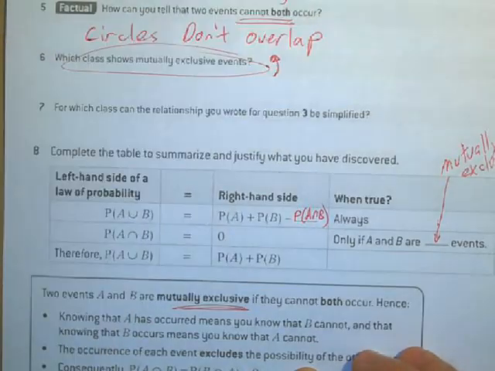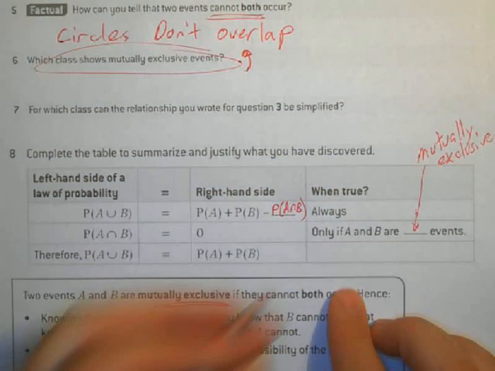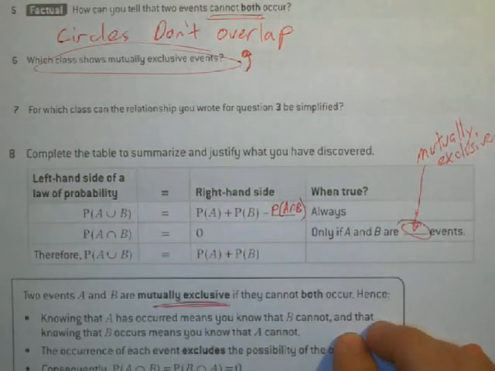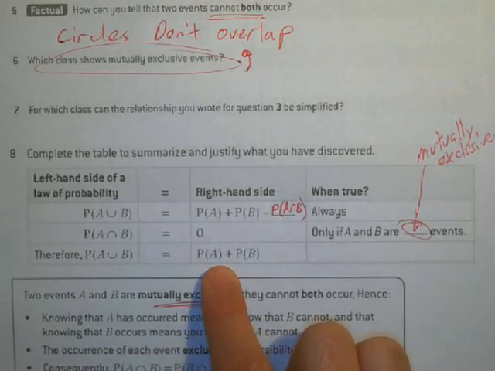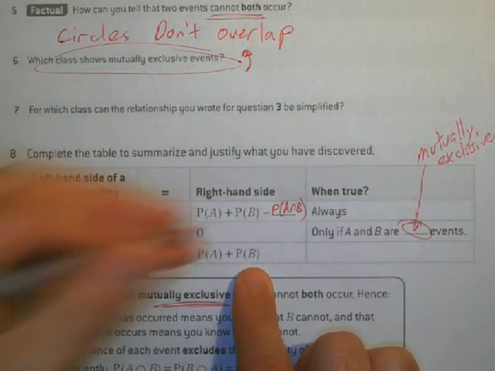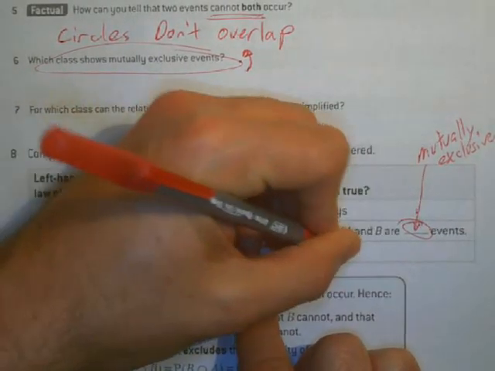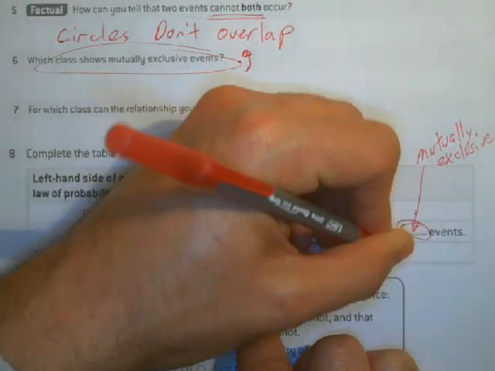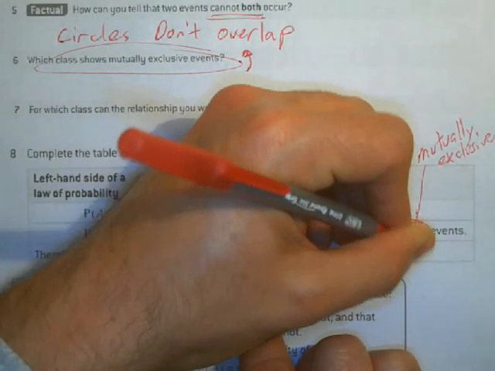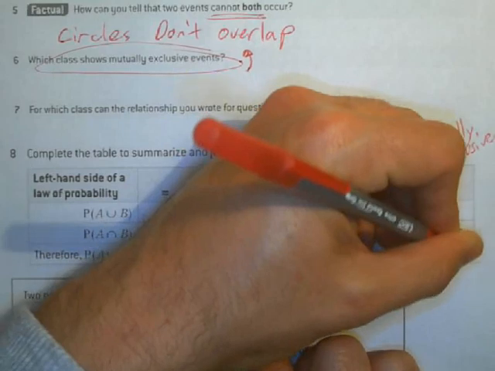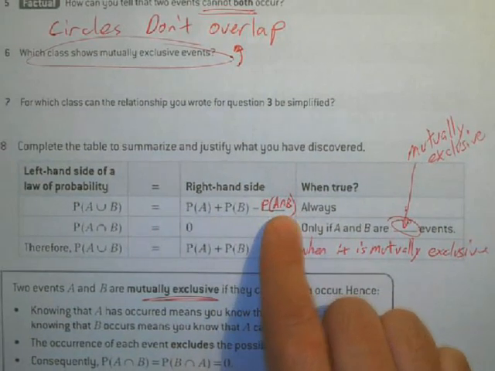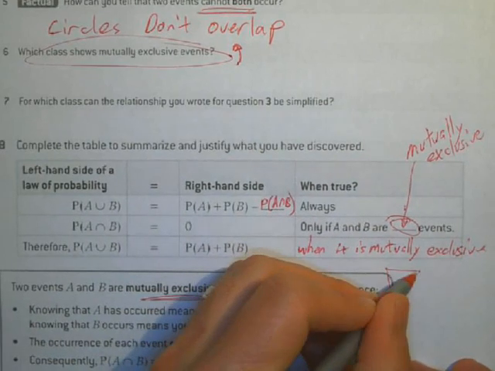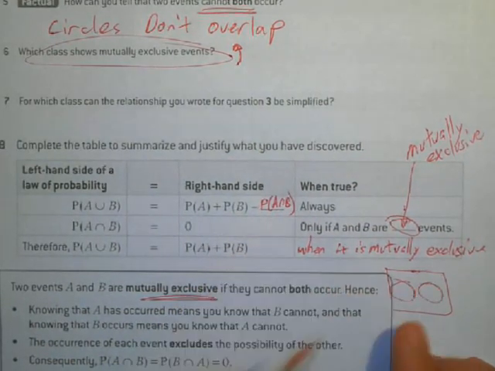So if your circles don't overlap, it's called mutually exclusive. Okay, and therefore A union B is equal to the probability of A plus the probability of B when it is mutually exclusive. Right? Because I didn't have to subtract the intersection, because if I've got A here and B here, if I add those together, that should give me the union.